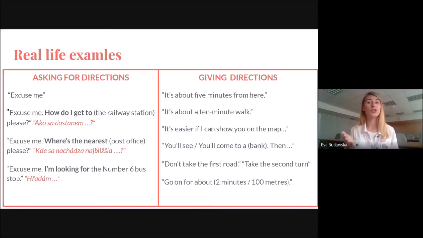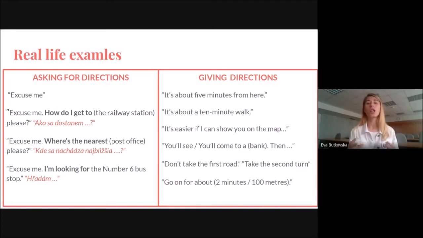So how do I get to? Next very common question is, excuse me, where is the nearest post office? Where is the nearest tourist center? Where is the nearest bus stop? So you are looking for the nearest location of your desire. So where is the nearest?